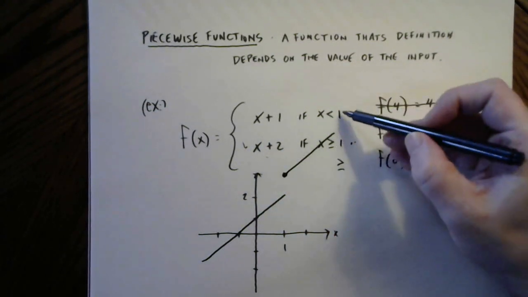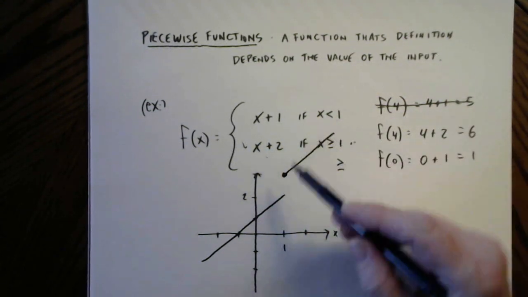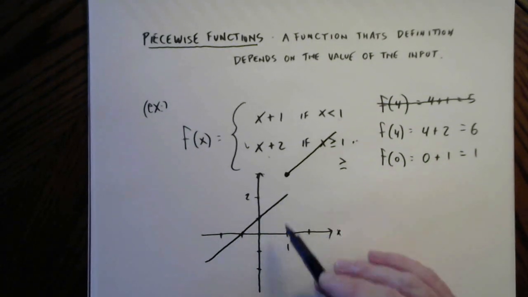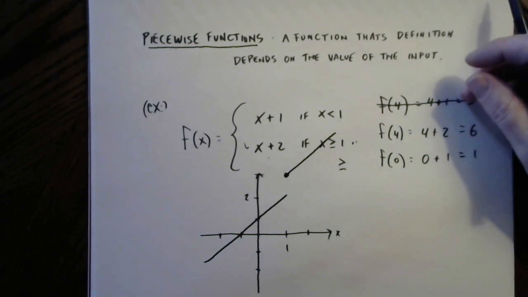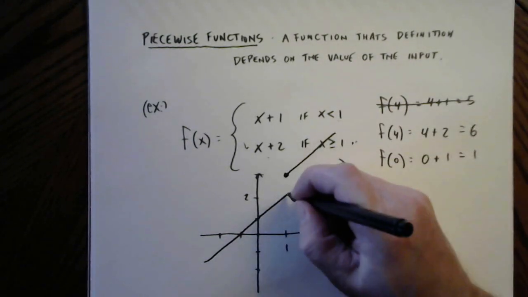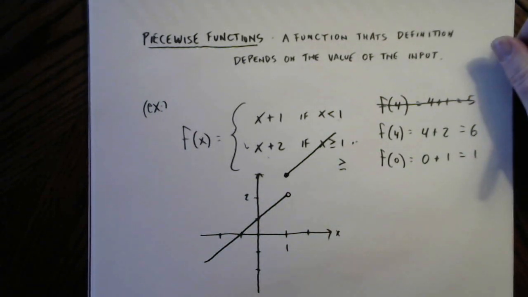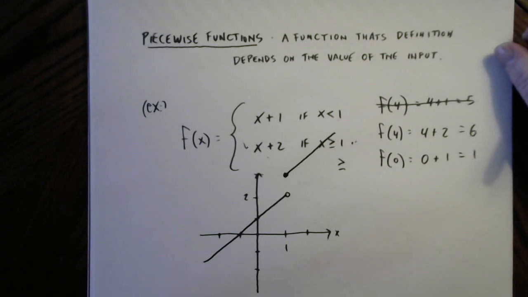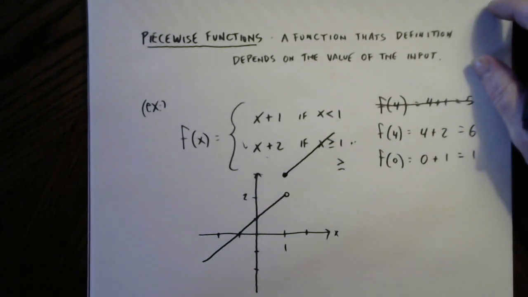That's not the case with this piece. For this piece, we define it with this line up to 1. But when I get to this tick mark, do I just end? Instead, we're going to put an open circle there to show that it's up to, but not including, that point. I couldn't have a solid dot there. It would violate the vertical line test, right?